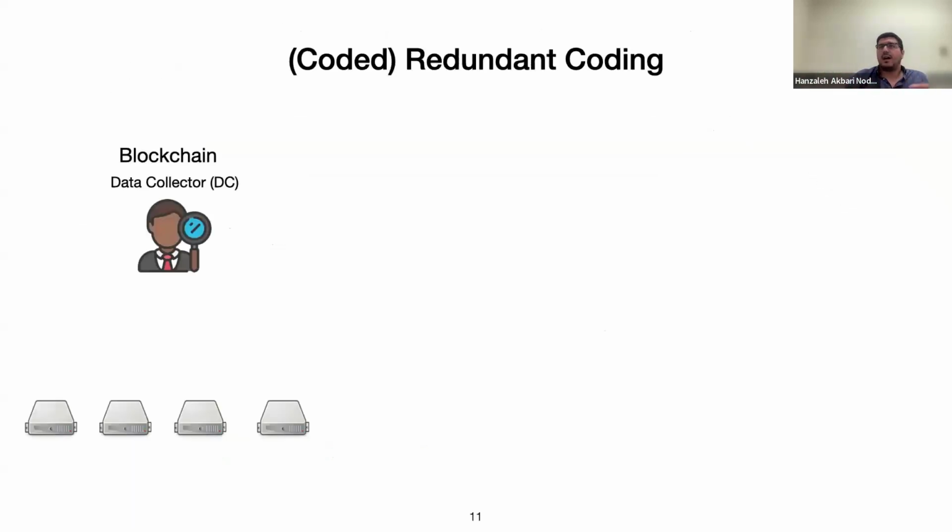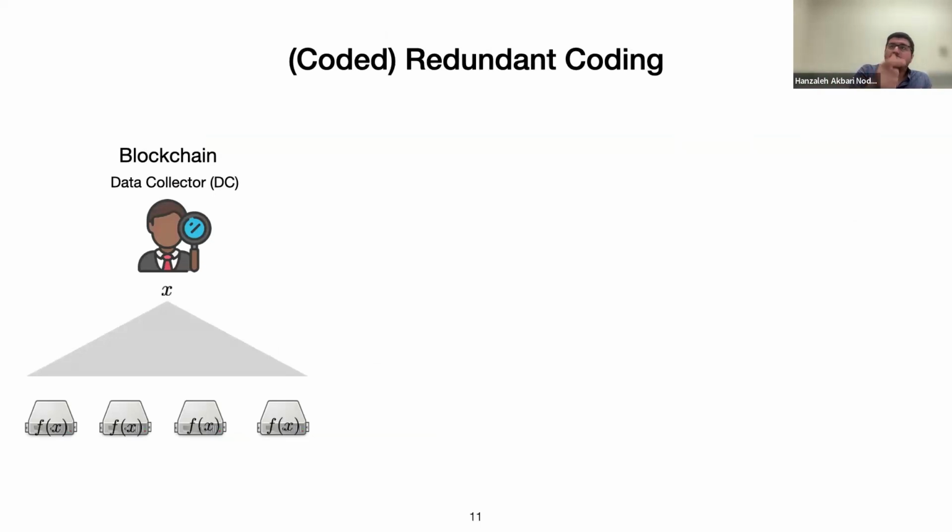Again, we have a data collector or verifier, which is a smart contract on the chain. And we have some computing nodes. Let's assume that we have 4 nodes. The objective is to calculate f of x for some public function f.